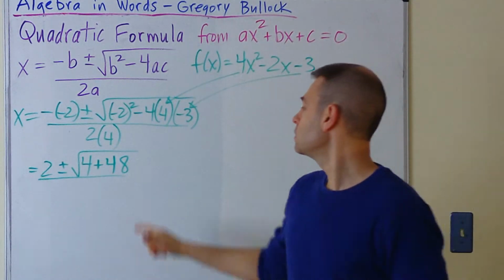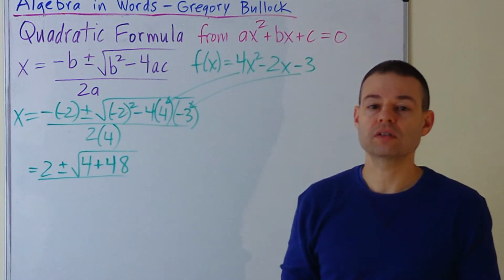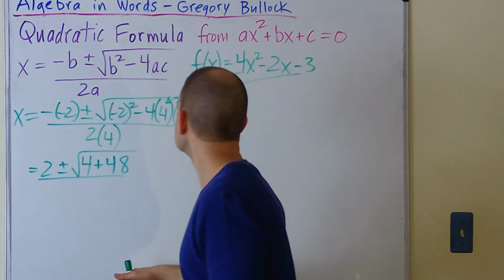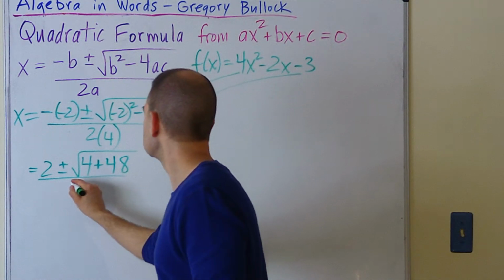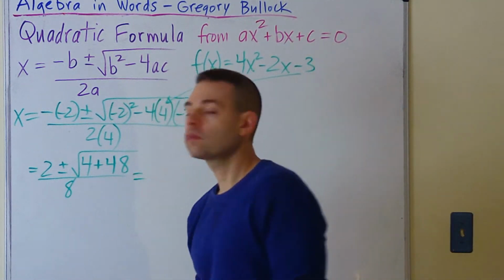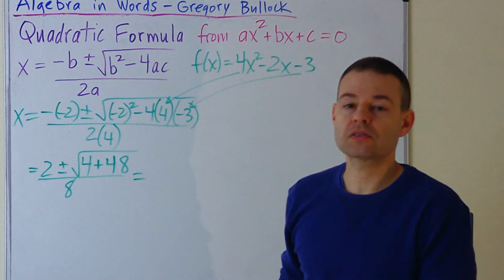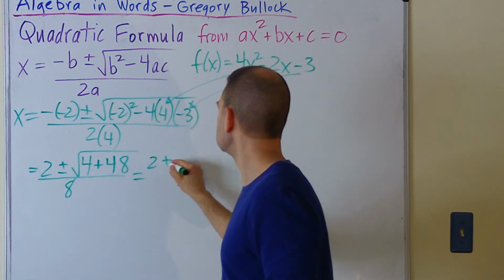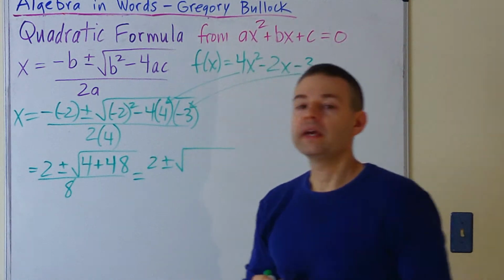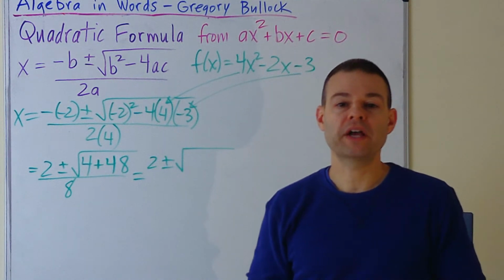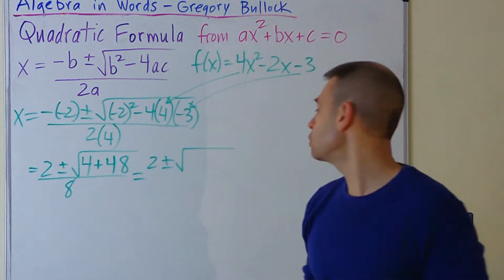And that's over 2 times 4, which is 8. And now let's continue to simplify. Rewrite the 2 plus or minus the radical. And now under the radical, add 4 and 48, and that gives us 52.